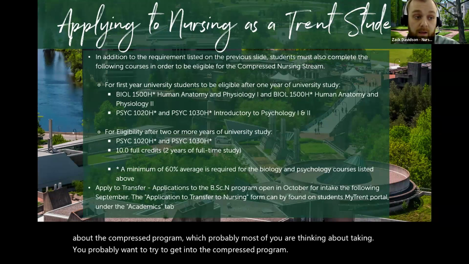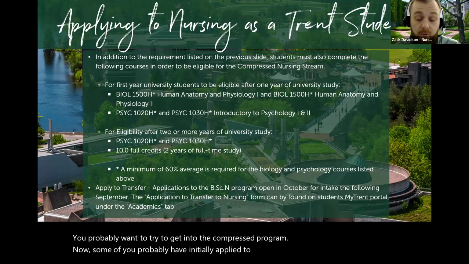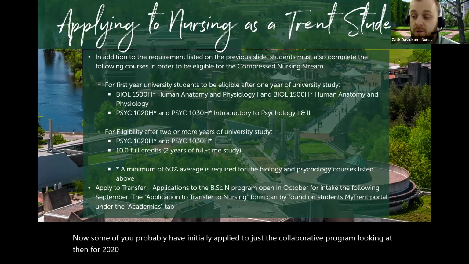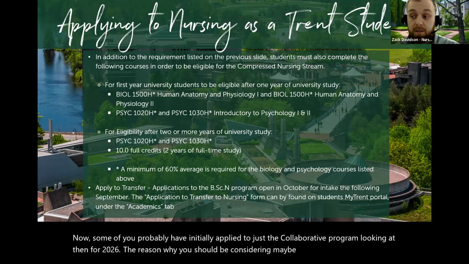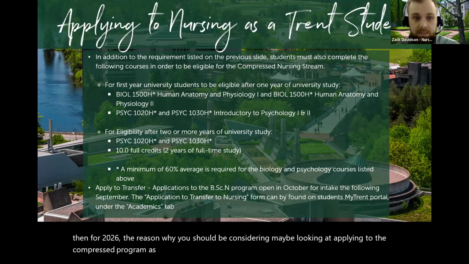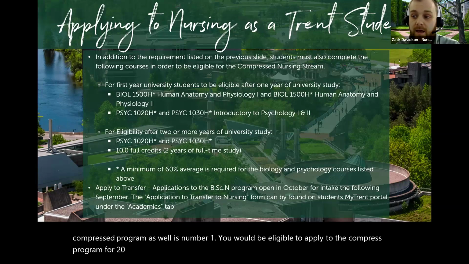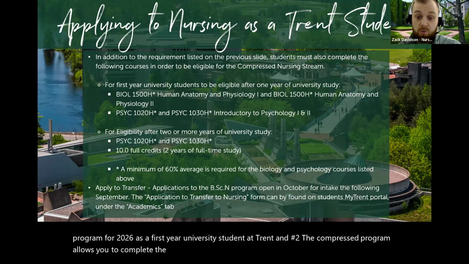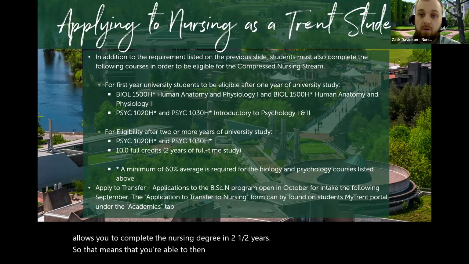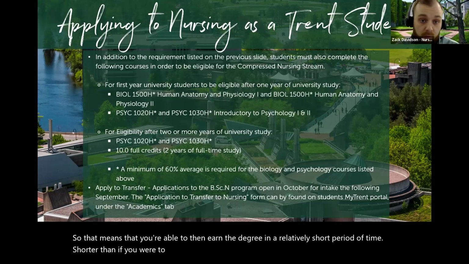Now, some of you probably have initially applied to just the collaborative program. Looking at 2026, the reason why you should be considering applying to the compressed program as well is, number one, you would be eligible to apply to the compressed program for 2026 as a first year university student at Trent. And number two, the compressed program allows you to complete the nursing degree in 2.5 years. So that means that you're able to earn the degree in a relatively short period of time, shorter than if you were to go into the collaborative program.